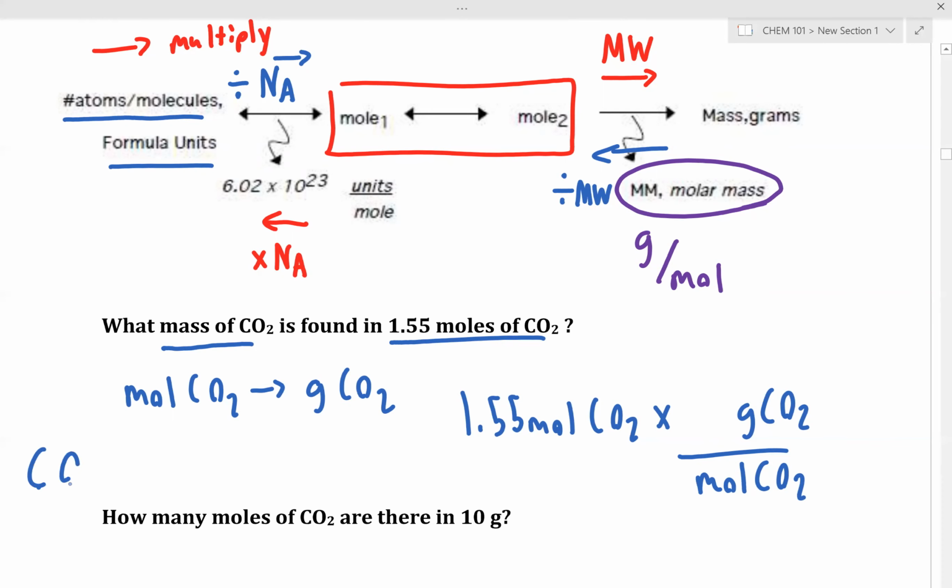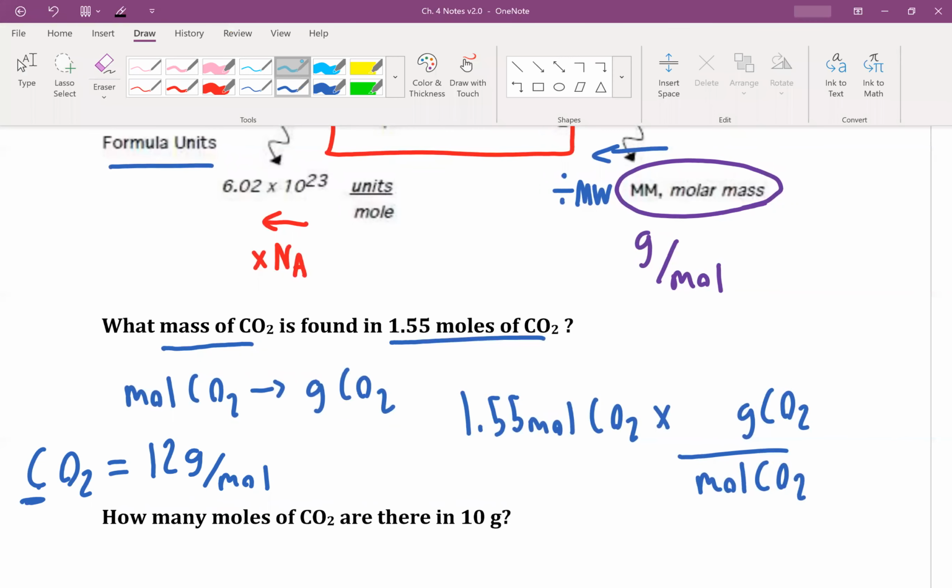So for CO2, let's now read off our masses from the periodic table. For carbon, what is the mass of carbon? 12, okay. So we have about 12 gram per mole. So that's carbon. Let's now change colors for oxygen.